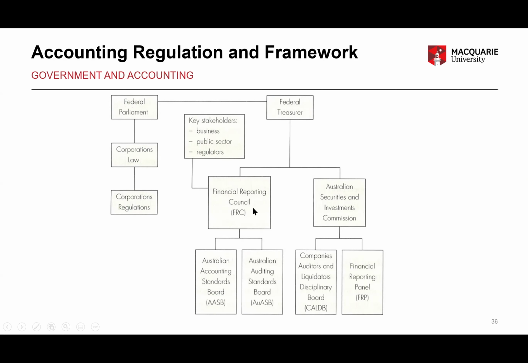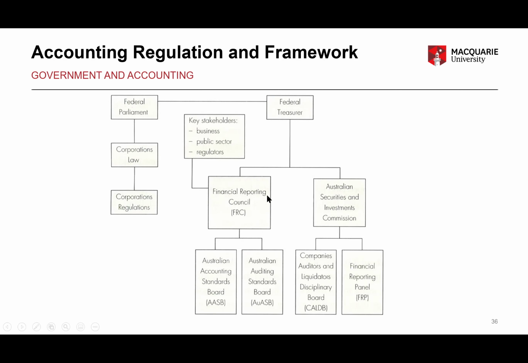While this FRC is a government body, you'll notice that it is actually made up of different interest groups. There are various interest groups represented on this Financial Reporting Council, from business, from the public sector, and also regulators.